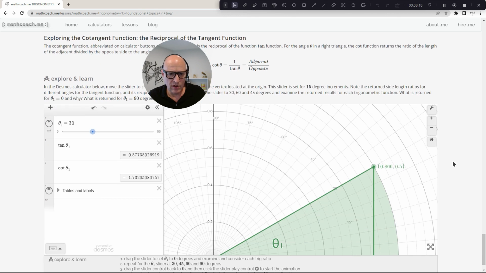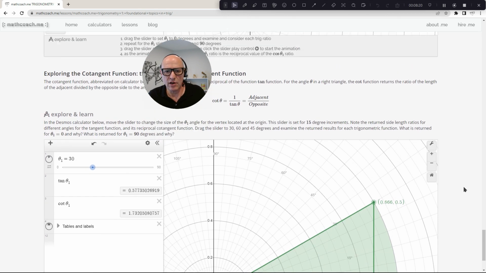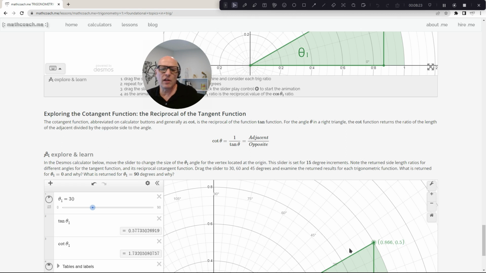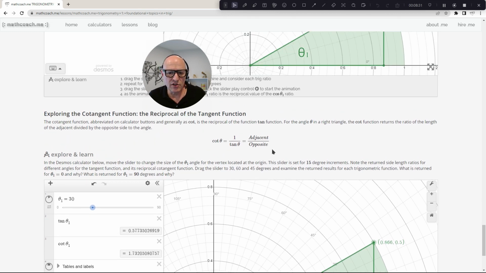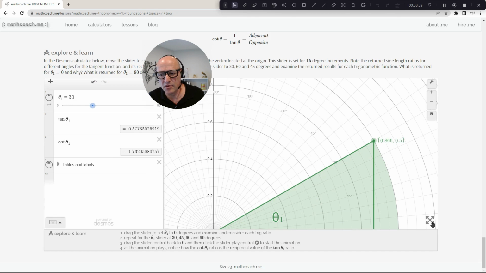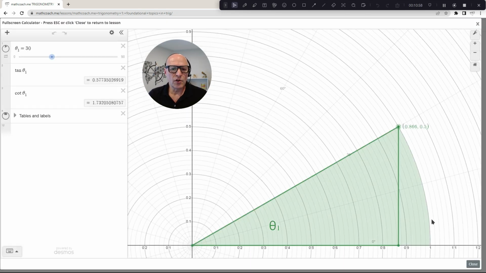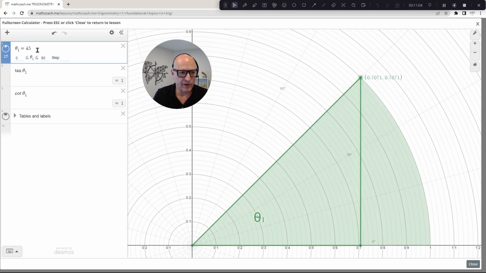to our last one, which is the reciprocal of the tangent function, cotangent. For our cotangent function, it is actually adjacent over opposite, whereas tangent is opposite over adjacent. We have another Desmos calculator to explore that. For tangent and cotangent, our angle of interest is the 45-degree angle, and the tangent of 45 is the opposite over the adjacent side, and those sides are equal.